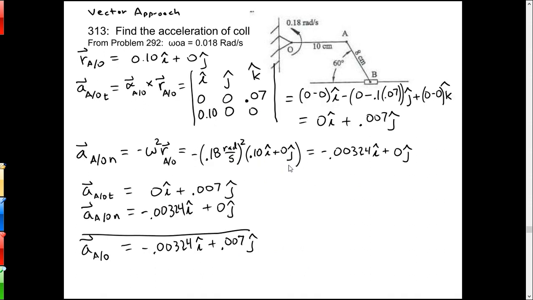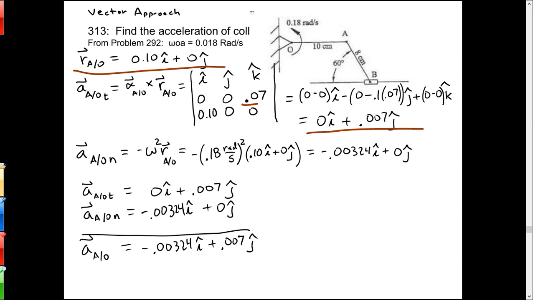So here I'm doing it with the vector approach. What I want there is the position vector of A with respect to O. This is 0.1i plus 0j. Do a cross with alpha. Alpha is 0.07. It's counterclockwise, so that's a plus k vector. Those rotational vectors are k vectors when you're in two space. So I'll get 0i plus 0.007j.